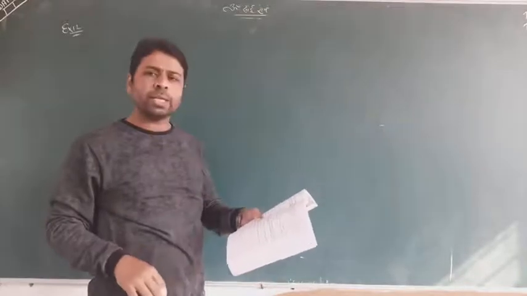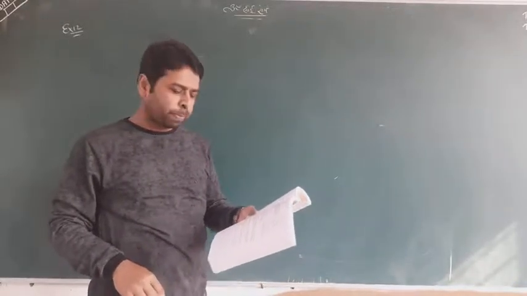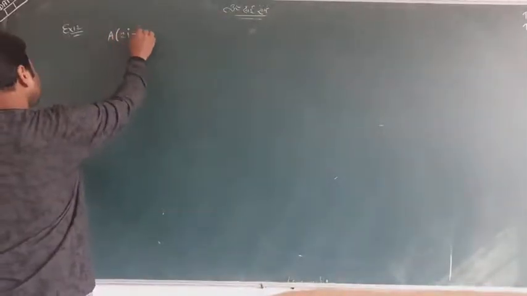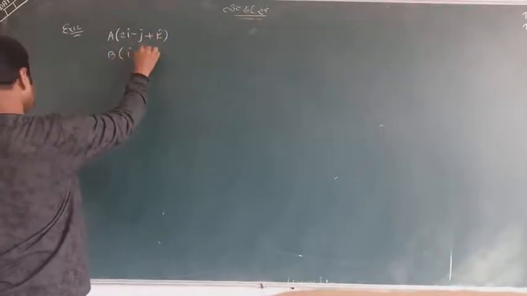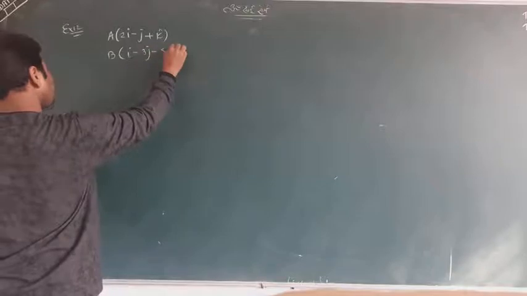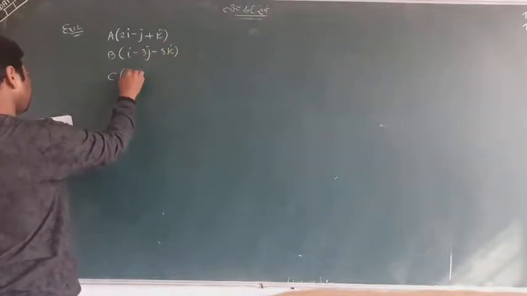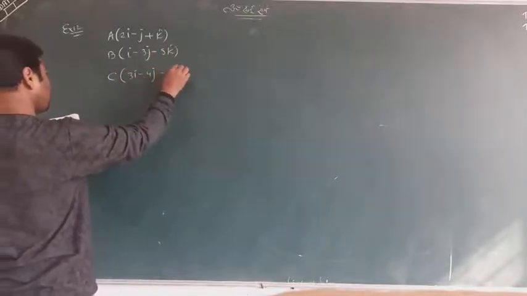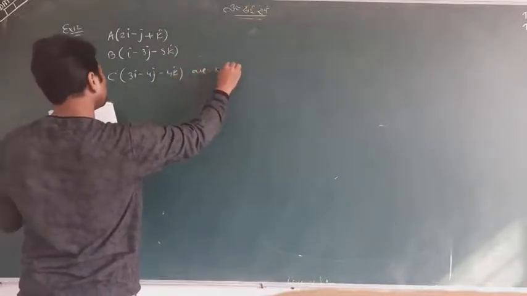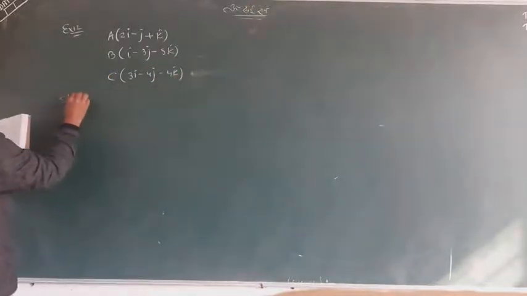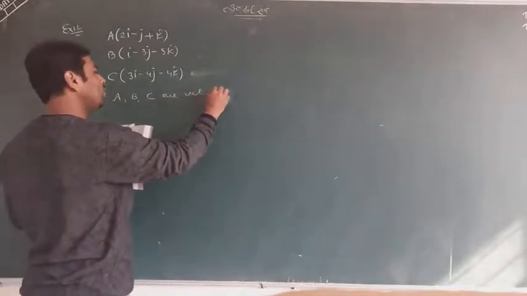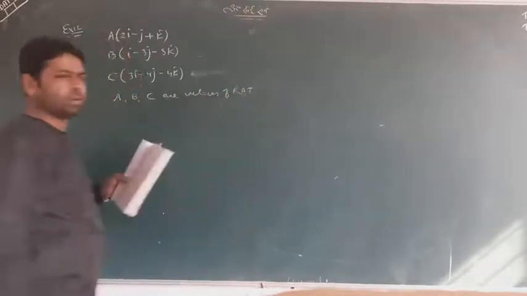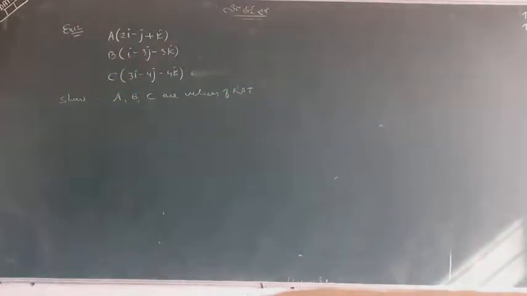First look at example 12, then I will tell you the remaining concept. The question is: show that points A, B and C are vertices of a right angle triangle. This is the question. Let me explain something.